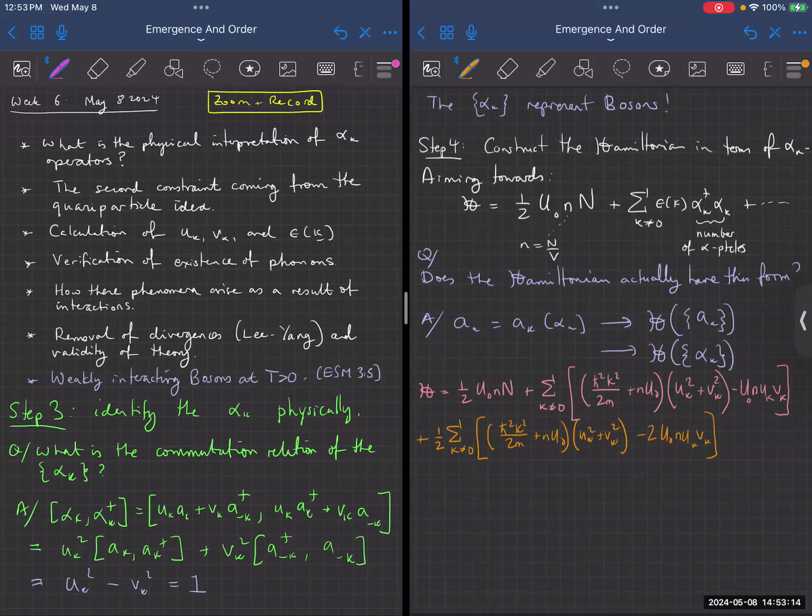So we have that, but now this thing is times alpha k dagger alpha k plus alpha minus k dagger alpha minus k. So let me just make sure I've got that correct.